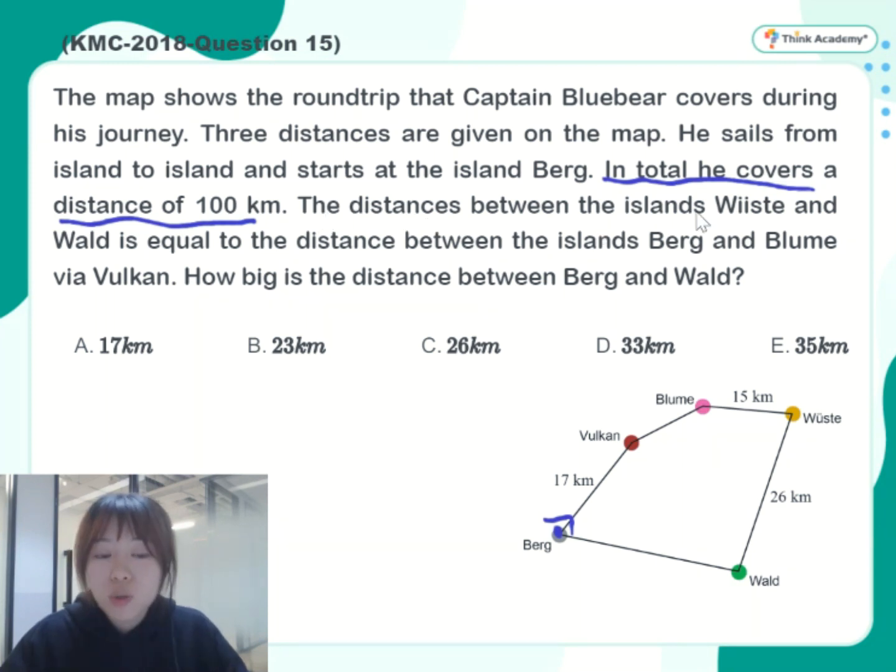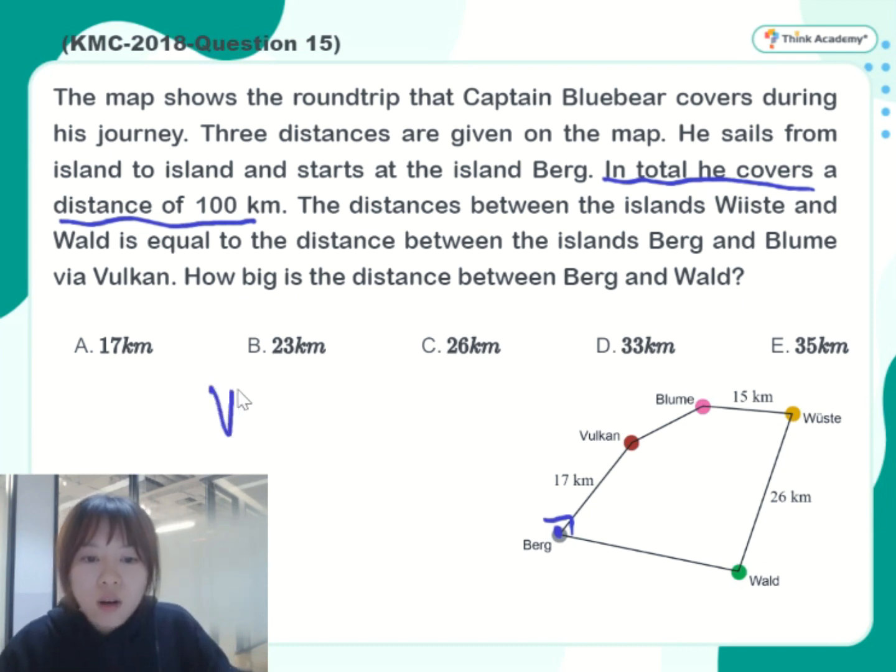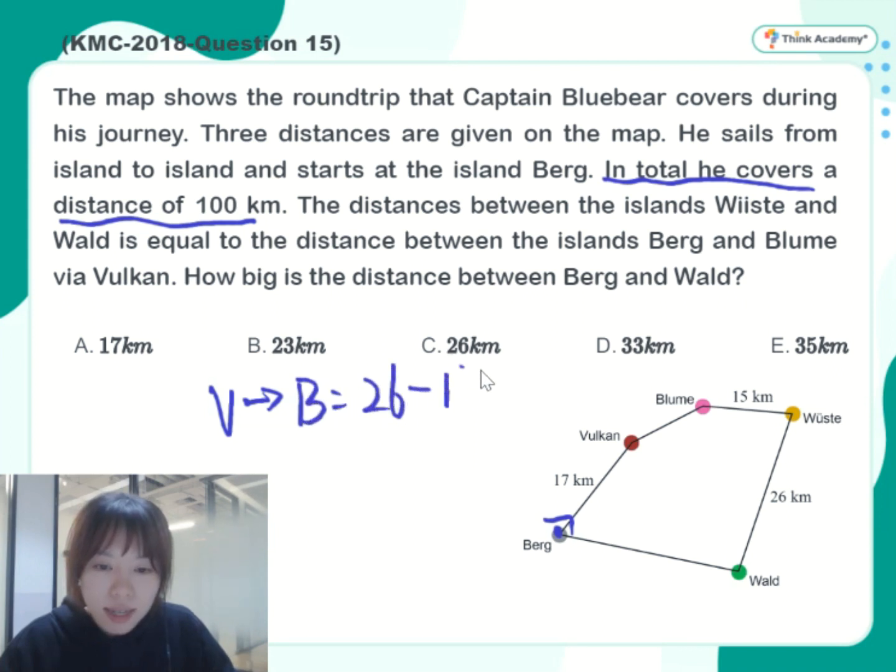The distance between the islands west and Wild is equal to the distance between the islands Berg and Bloom. So that means this 26 from west to Wild is equal to Berg to Bloom. So there is 26. And here is 17. So we know from Walkman to Bloom, 26 minus 17 is 9 kilometers.